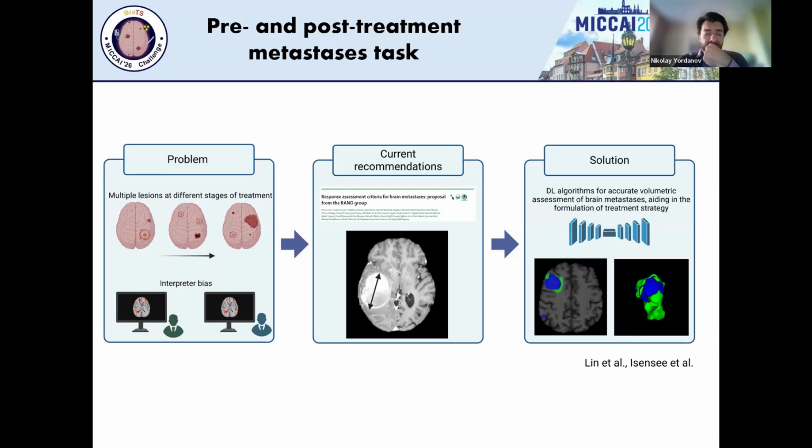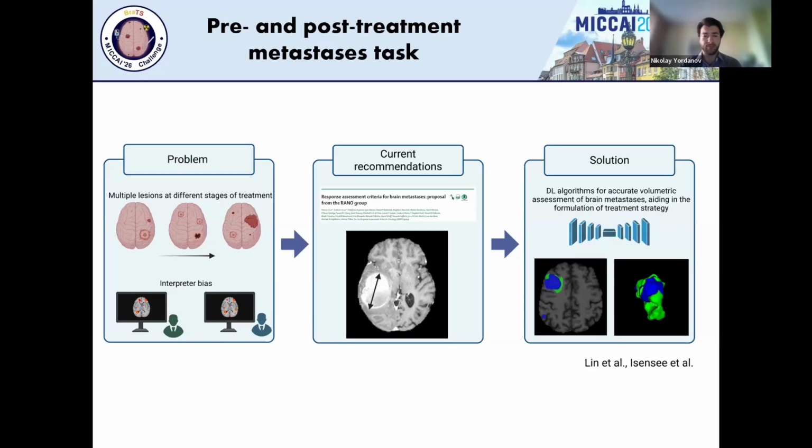And in the RANO criteria, it is recommended to conduct research and to foster using volumetric criteria and volumetric measurements, which are currently not implemented into clinical practice due to the lack of high quality tools.